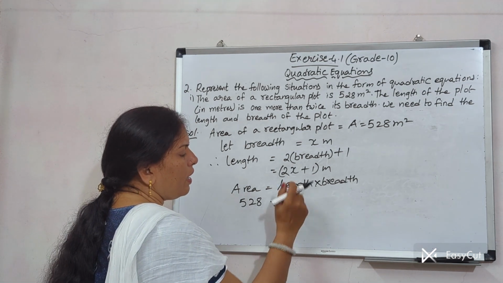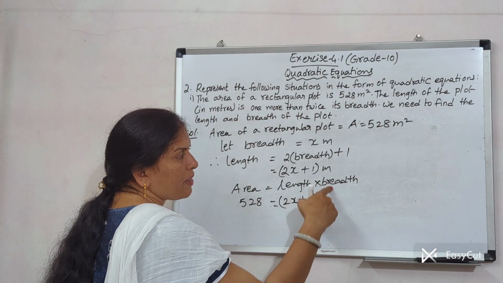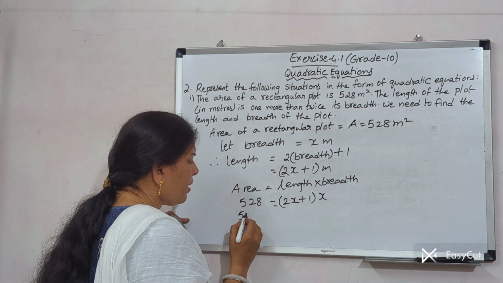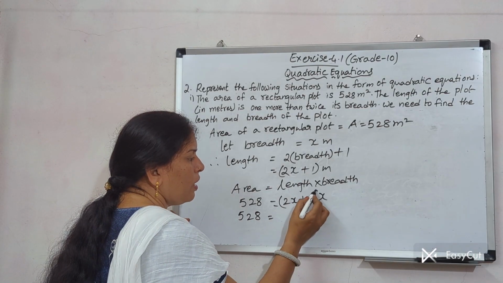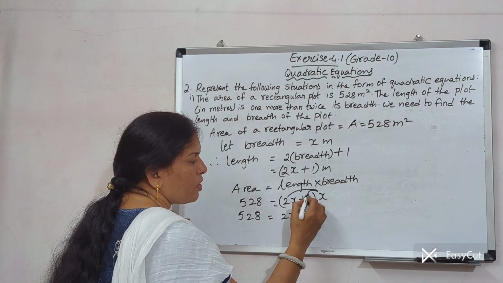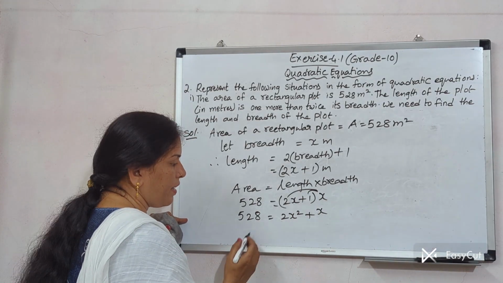Length, what is length here? 2x plus 1. This is length. And what is breadth here? x. Understood? 528 is equal to x into 2x is 2x square plus x into 1 is x. I am sending this 528 to that side.